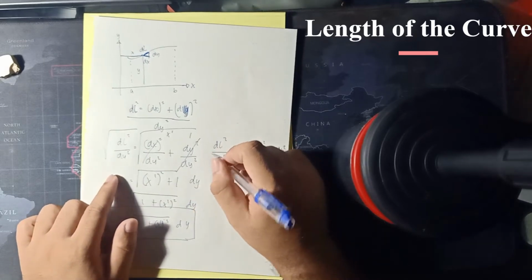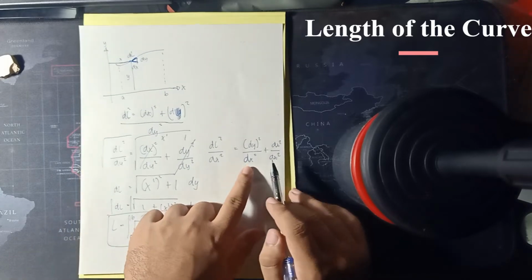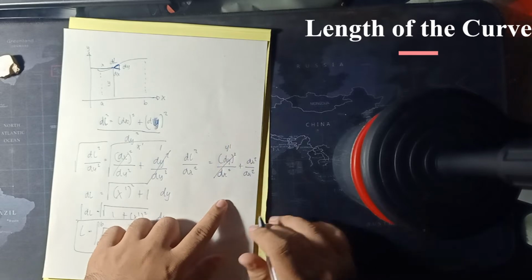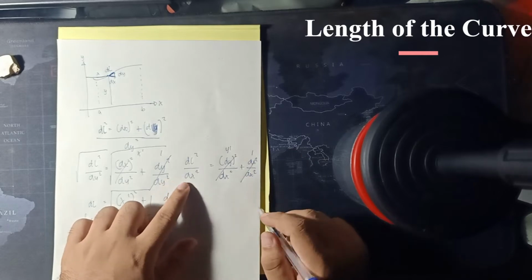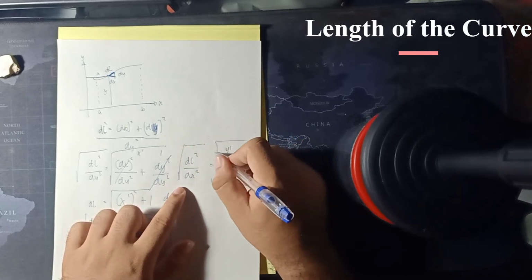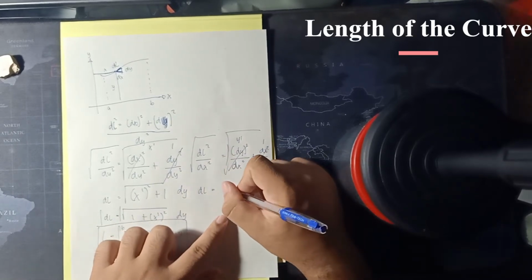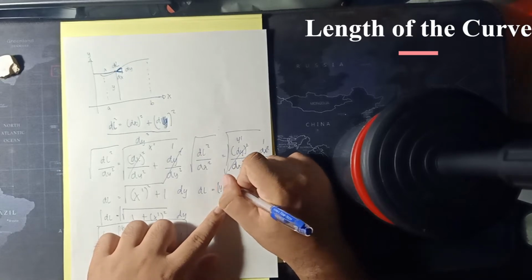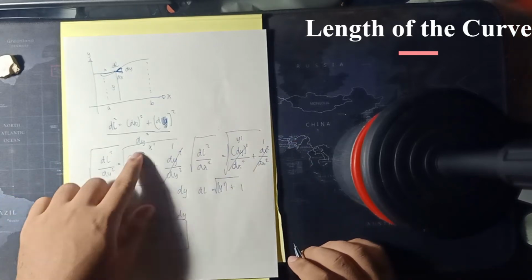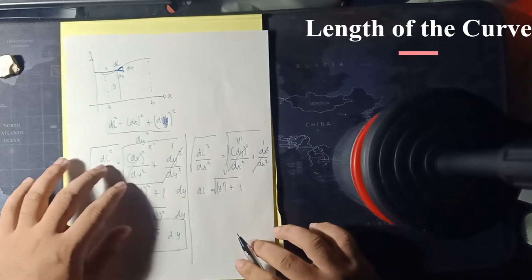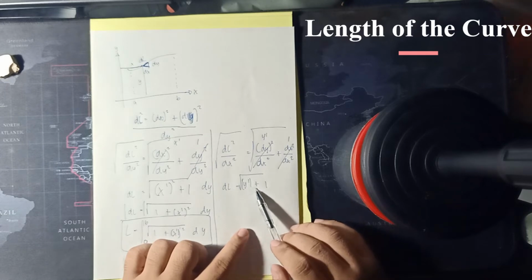As you can see here, the dy over dx is your derivative, your y prime, and dx squared over dx squared is equal to 1. So if you take the square root of these, dl equals the square root of y prime squared plus 1, the same as on the other side.